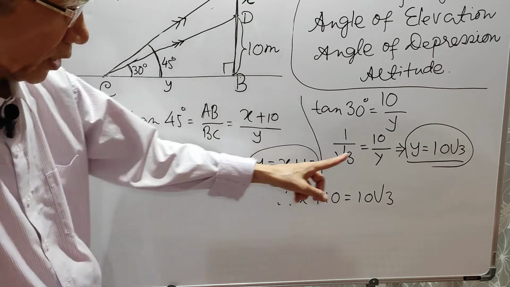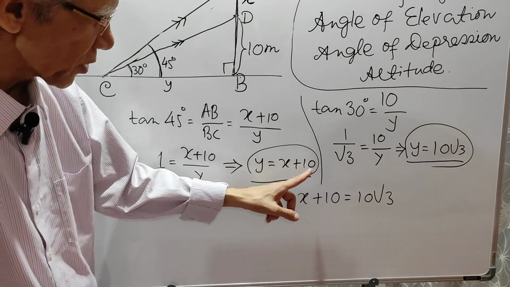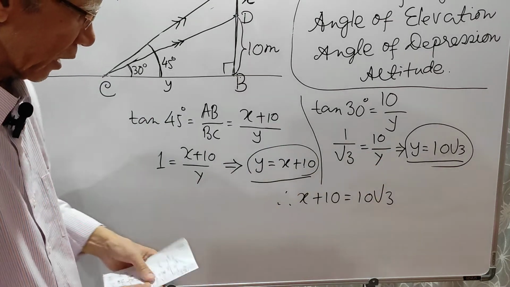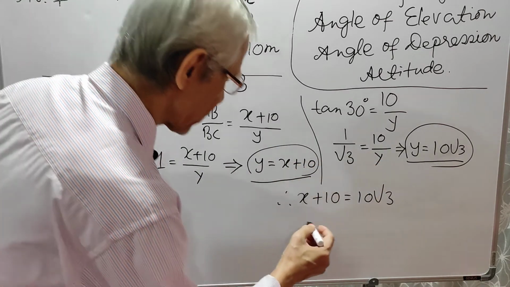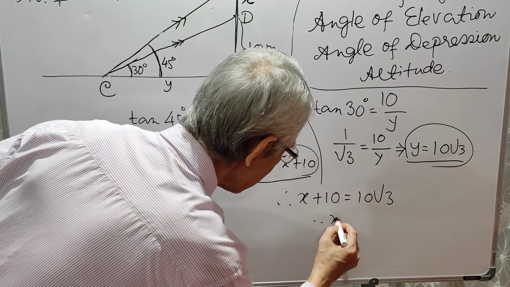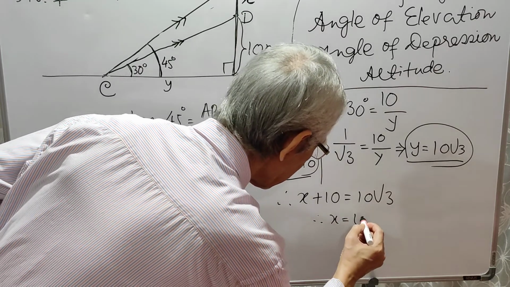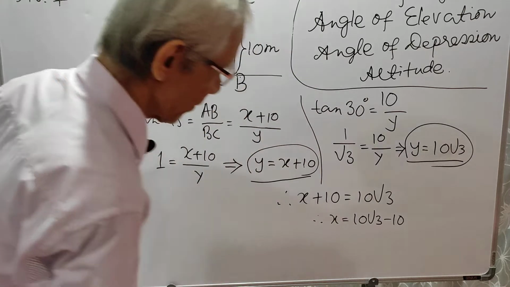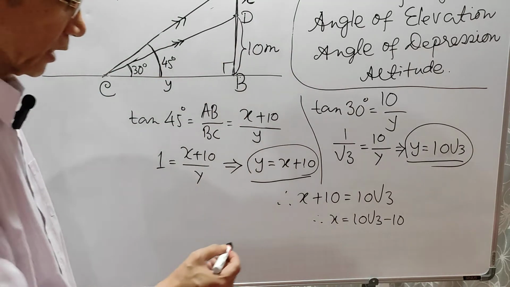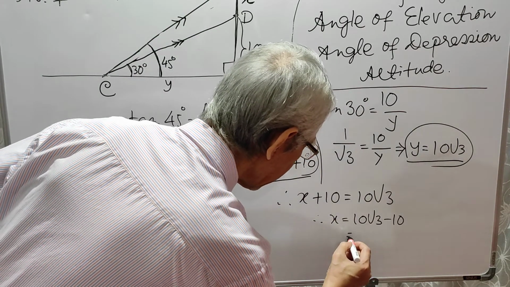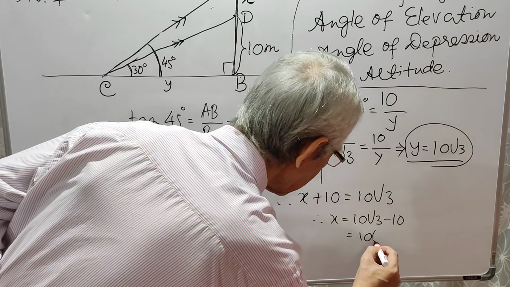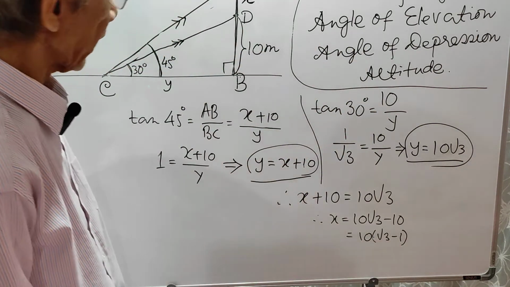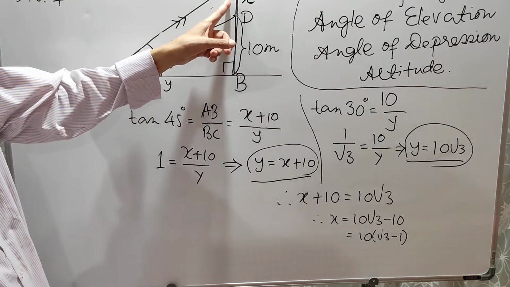So from equation 1 and equation 2 we get X plus 10 equals 10 root 3, because this is Y, this is also Y. So we need X. Therefore X equals 10 root 3, this goes this side, minus 10. 10 root 3 minus 10. Then take 10 common: 10 times root 3 minus 1. That is the value of X.